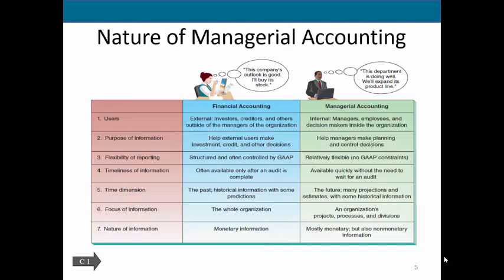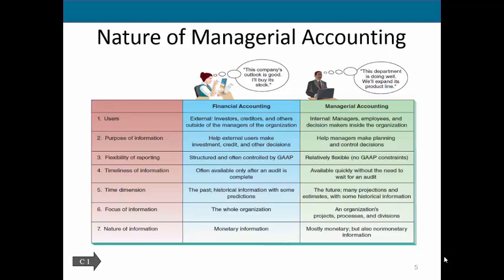Managerial accounting, although there are types of ethical standards and things that managerial accountants need to follow, has no GAAP constraints. This is not regulated by the government because external users, or people external to the company, are not using managerial accounting. Instead, the managers and people internal to the company are the people deciding what they want out of their managerial accountants.